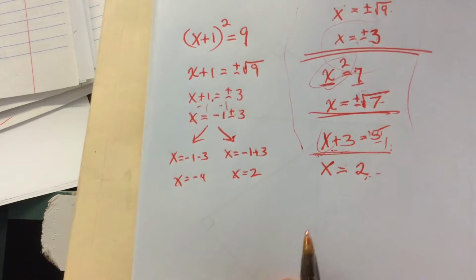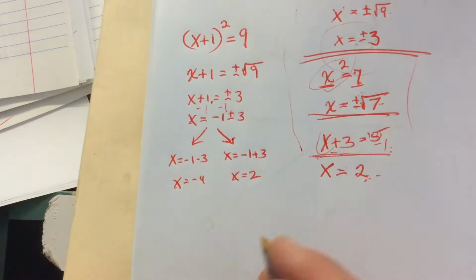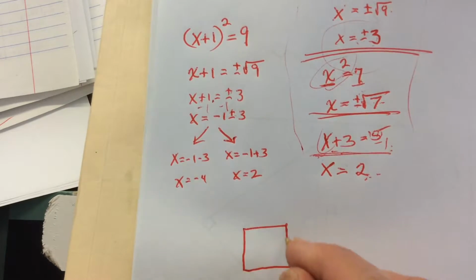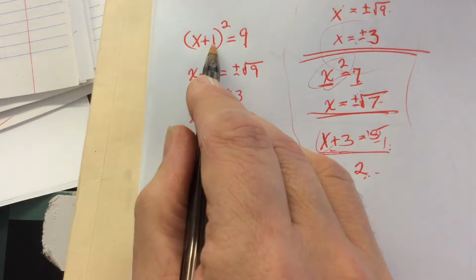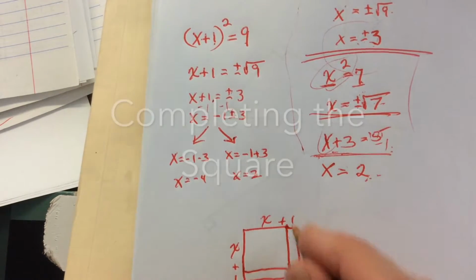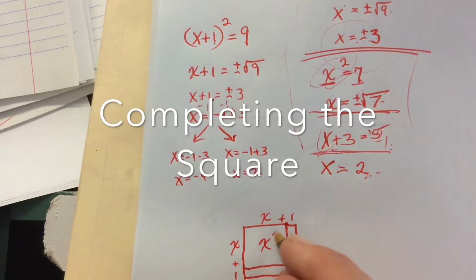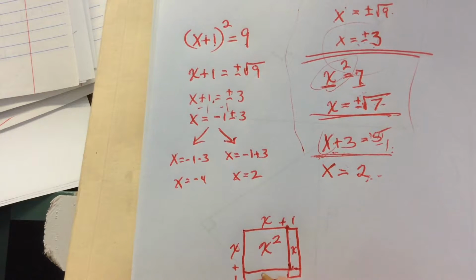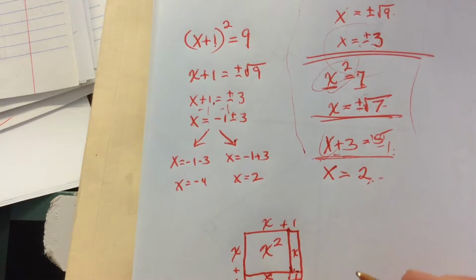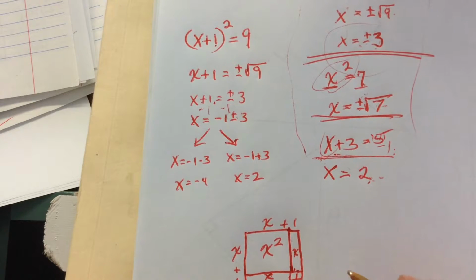Now, just to go a little bit further here, take a look. When we first started looking at x plus 1 squared, it looked like this, where the area of this was x squared, the area of this was x, the area of this was x, and the area here was 1. Do you remember doing this?